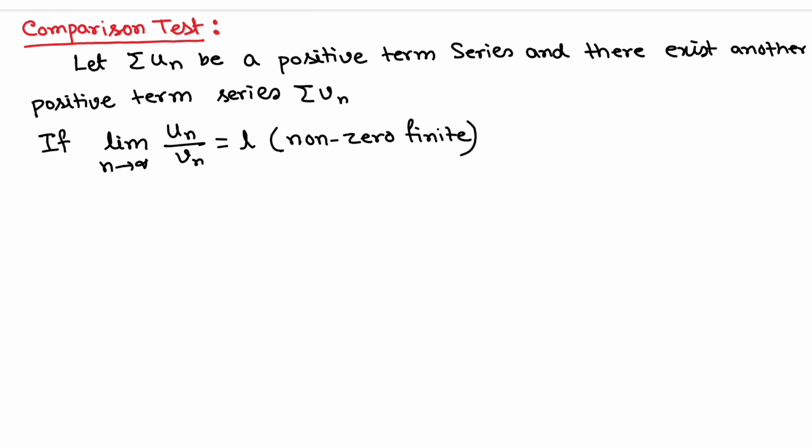Now if this result holds, that means in the question paper the series un will be given, and you have to take another series vn whose result is known. Now you have to calculate this ratio un by vn, that means the nth term of un divided by the nth term of vn. Then calculate the limit, and the limit is some non-zero finite number.